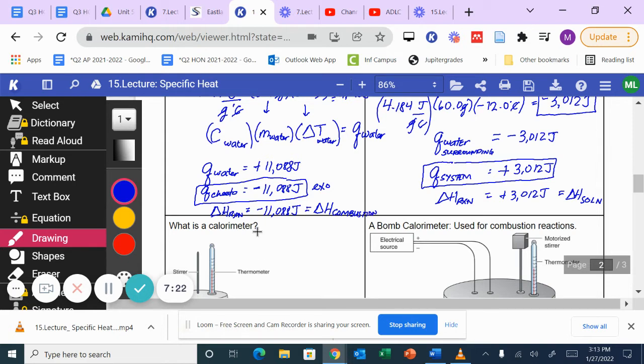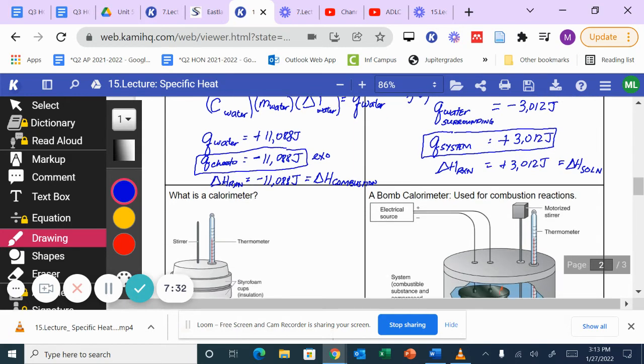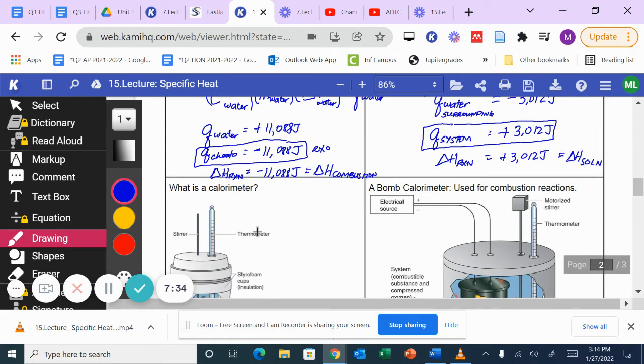So the subscript gives you a little more information about what's happening. This is the heat when you're burning a Cheeto. This is the heat that you get when you are dissolving something. In this case, when this dissolved, it was endothermic. When you burn the Cheeto, it is exothermic.